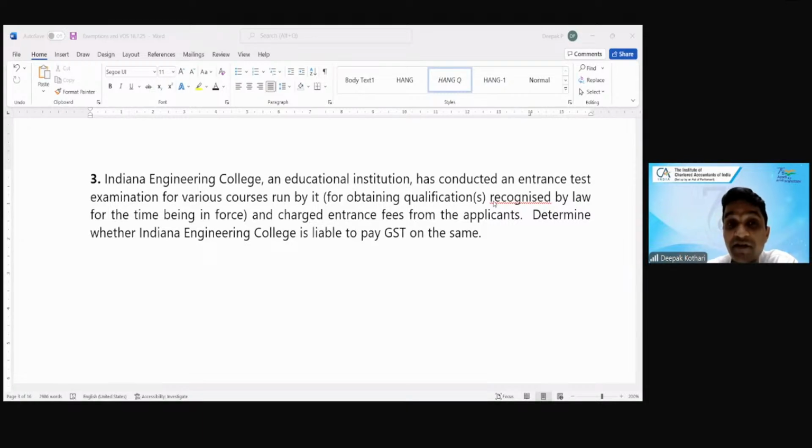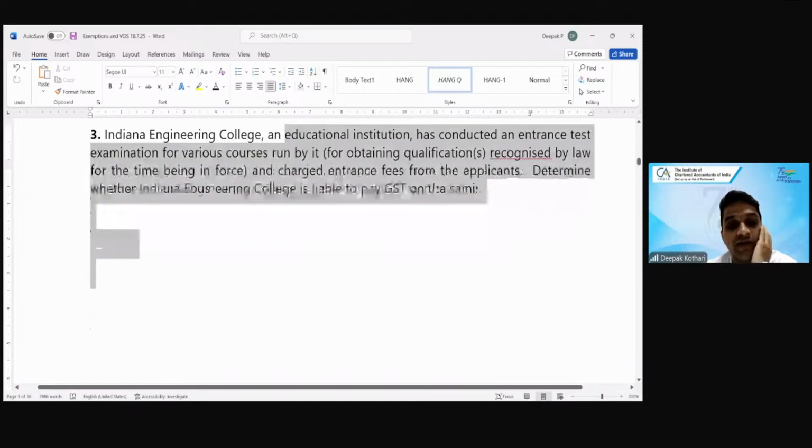Yes taxable or yes exempted? Entrance exam for educational, it is covered under the exemption, right?